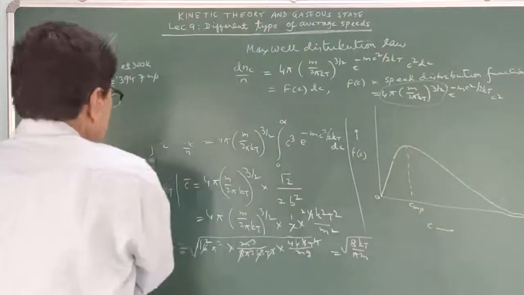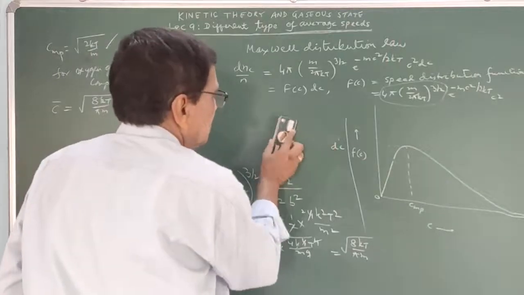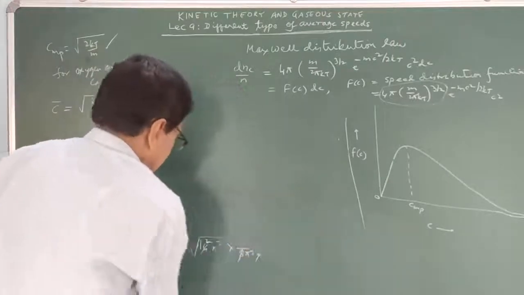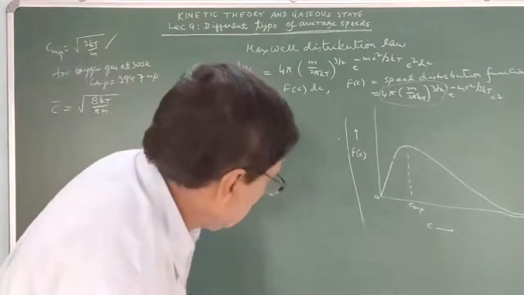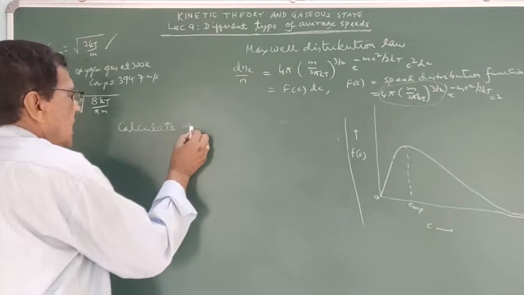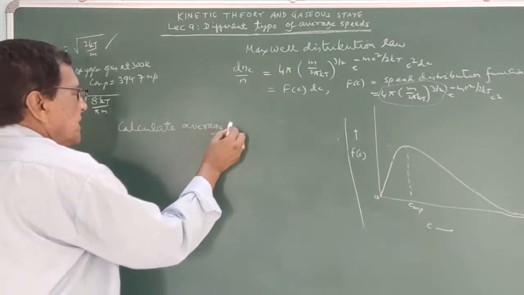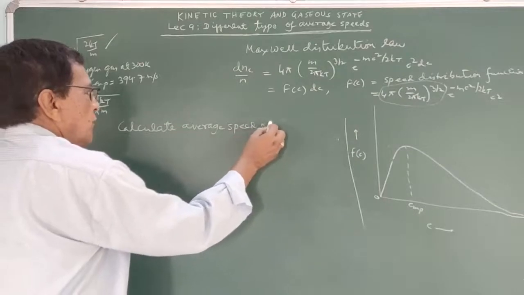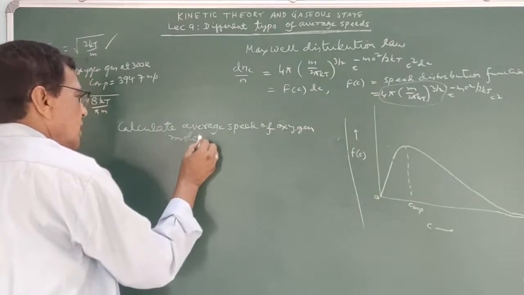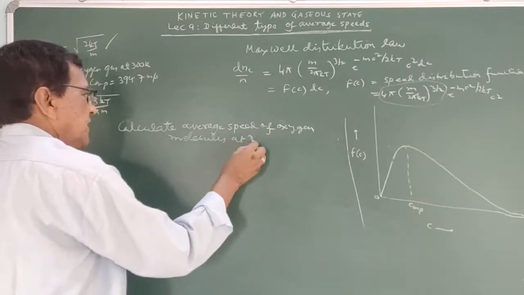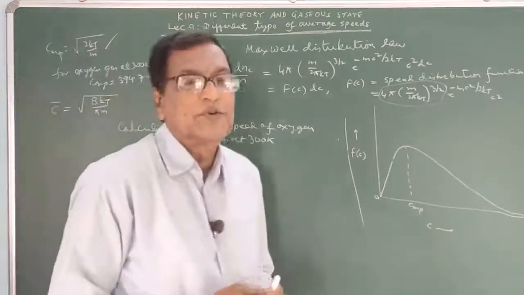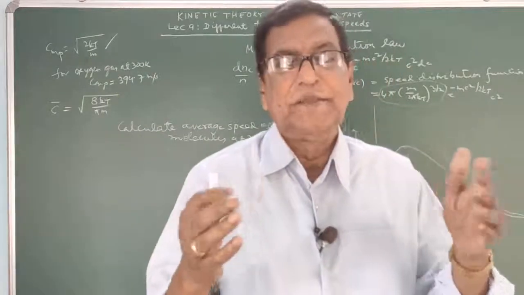You can see that this one is greater than this one. If you calculate the average speed of oxygen molecules at 300 Kelvin, at identical temperature for the same gas, we compare which value is greater, C mp or C bar.